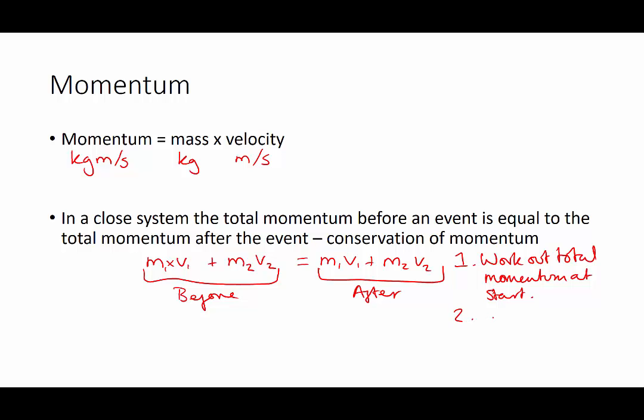Then you're going to say that that's equal to the total momentum afterwards. You often get a mark for saying momentum before equals momentum after. And then finally, you're going to use all the information you've been given. So you'll have some masses and velocities, and you'll need to work out what the missing value is. That's only likely to come up on a higher paper.